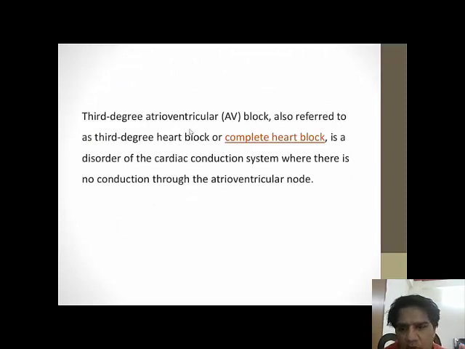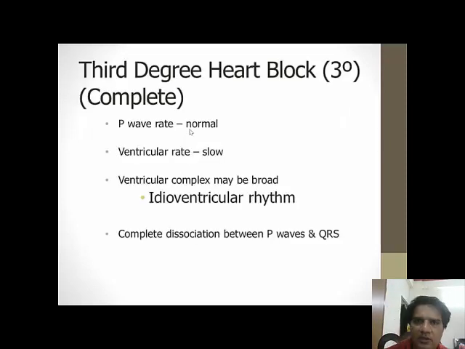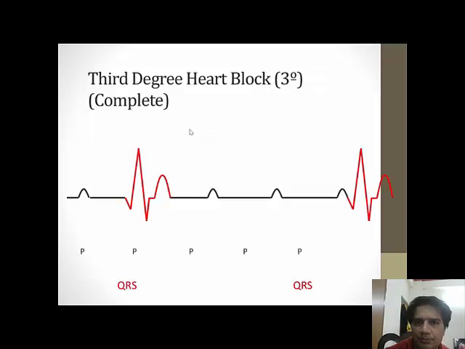You must have heard about Stokes-Adams syndrome, right? So here the P wave rate is normal, the ventricular rate is low, around 40, and the ventricular complex may be broad, actually an idioventricular rhythm, right? QRS is broad, and there is complete dissociation between P wave and QRS, also called AV dissociation.